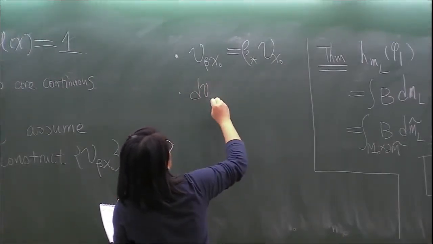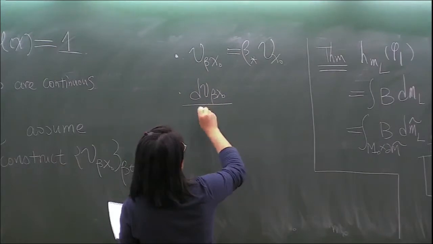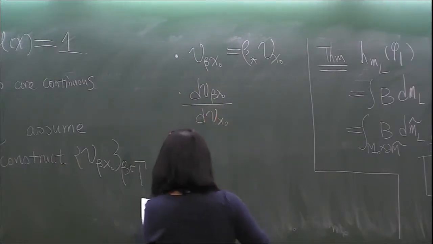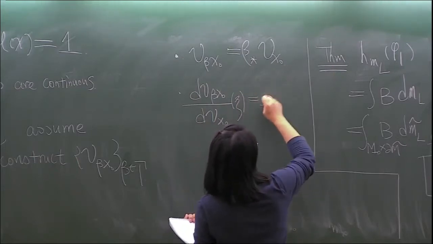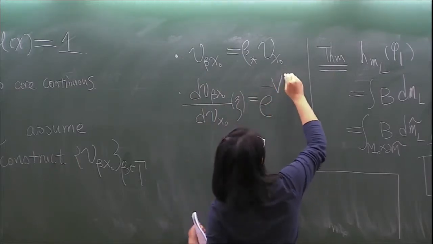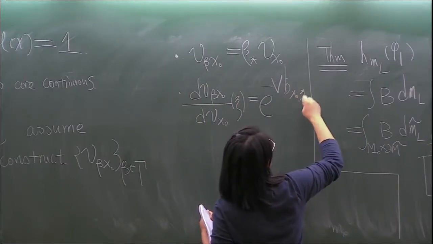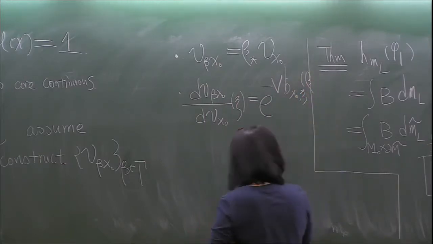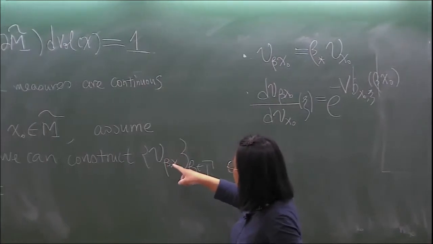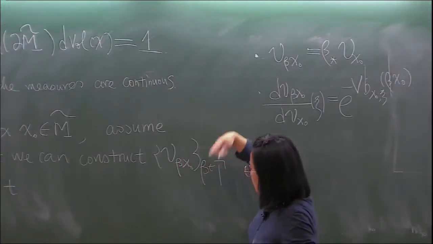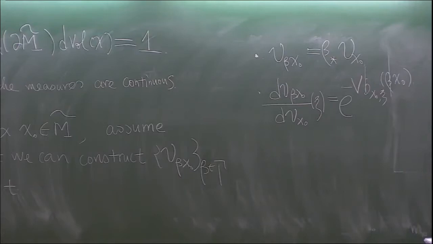The second thing is the Radon-Nikodym derivative, e to the V. That's what we said. So suppose you already construct this class of measure just for a fixed x naught and also the value at beta act on this x naught, along the orbit.